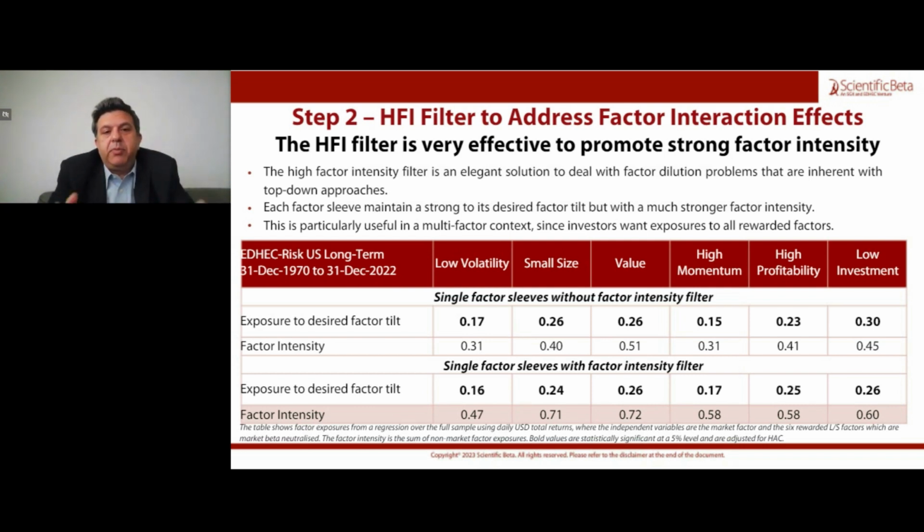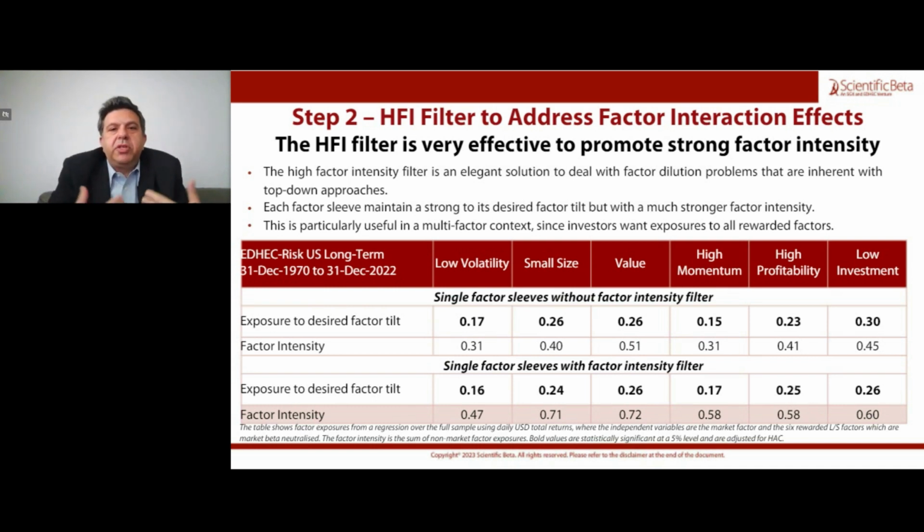So what we strive for is to build factor portfolios that have strong exposure to the stipulated factor, for example, value, but also have hopefully non-zero or positive exposures to the other factors. And when you sum all the betas together of a given stock, we call that factor intensity. We're going for positive factor intensity given a tilt towards one individual factor, for example, value.